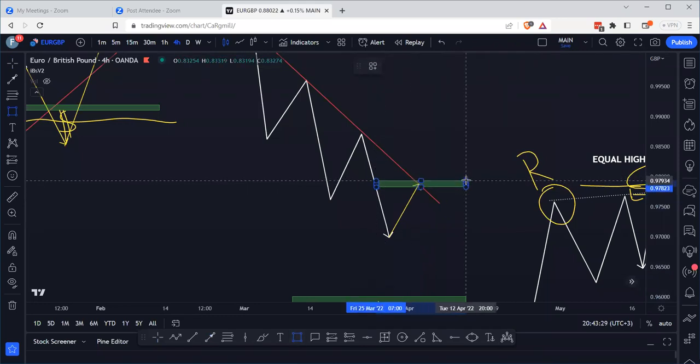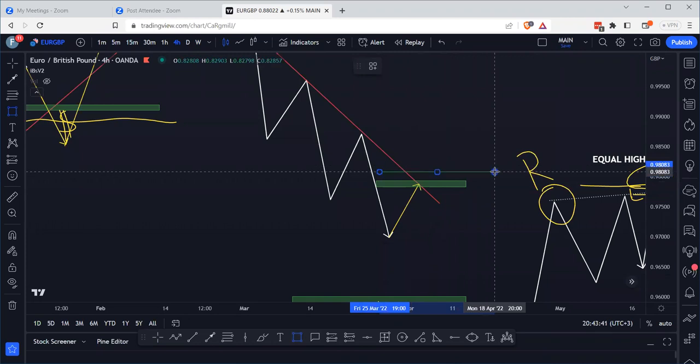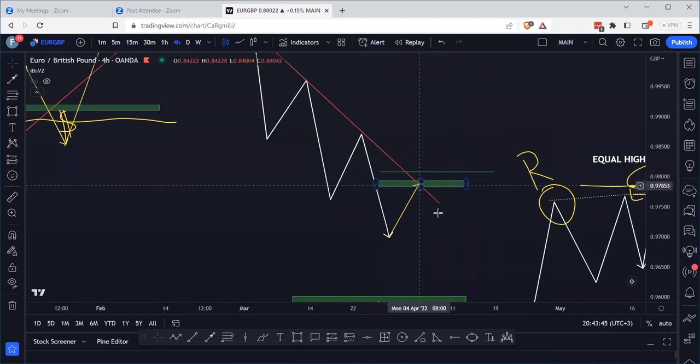All right. So you, as somebody that understands liquidity, you are not interested in taking entry for a sell here. You know that people's stop losses are going to be above the zone. So you are interested in taking entry after people's stop losses have been grabbed. You want to wait for the market makers to grab liquidity.